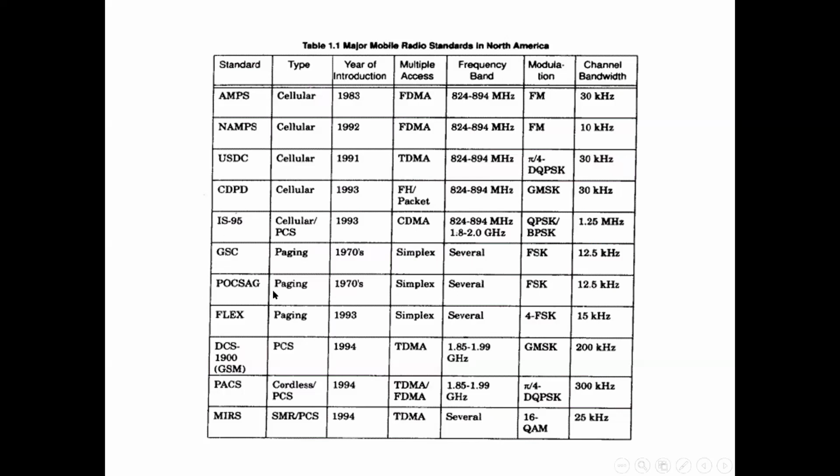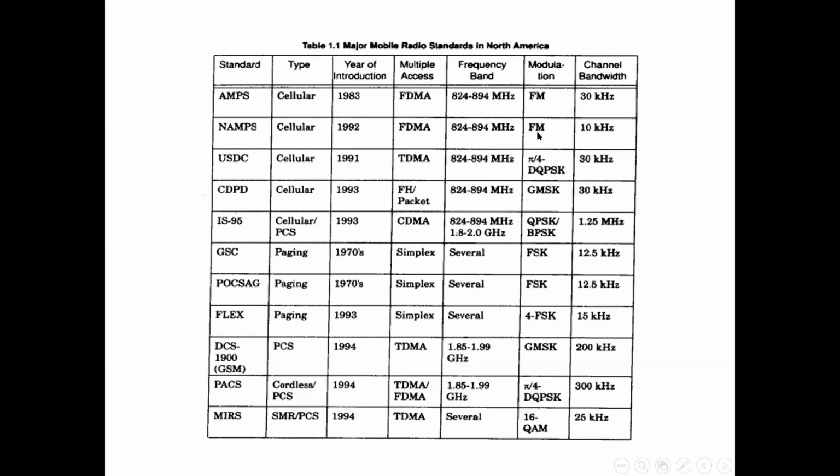Then the advanced mobile system was updated and became the Advanced Mobile Phone System, a cellular system, in 1992. Again, it uses FDMA with the same total bandwidth.